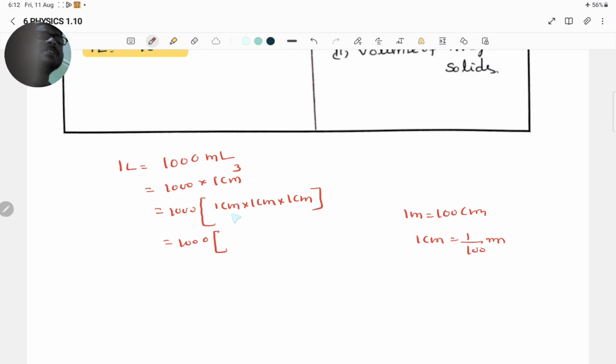That's why, instead of 1 centimeter, I am writing 1 by 100 meter into 1 by 100 meter into 1 by 100 meter.